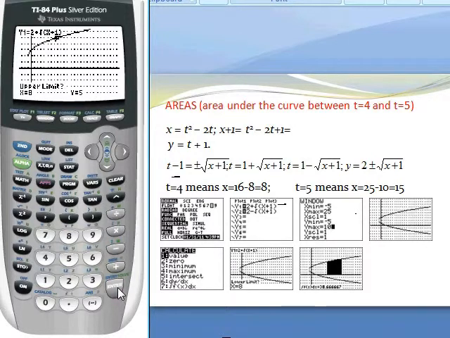And the upper limit is, what was it? 15. And when you push enter, you actually get the same value, 38.67. It is the same exact value I had before. So there is always more than one way of doing this. You can try either one, and maybe you can find some other ways of doing it yourself.